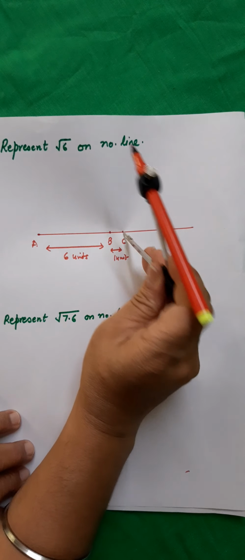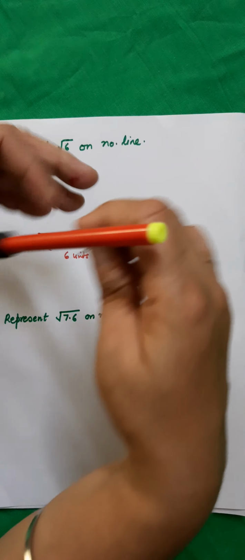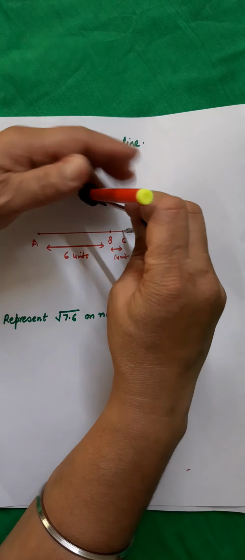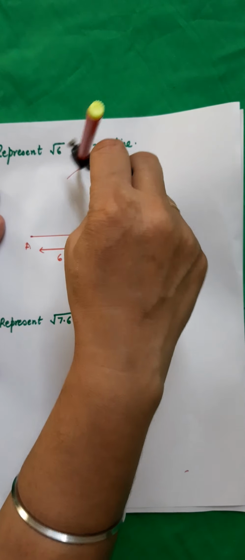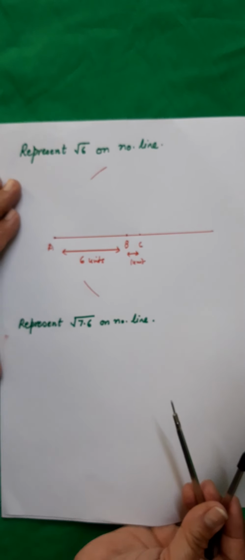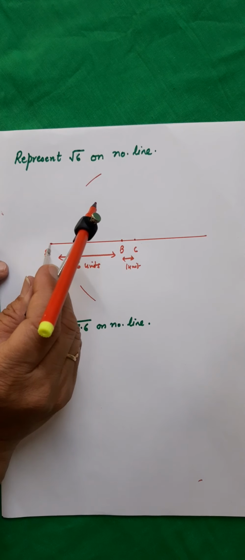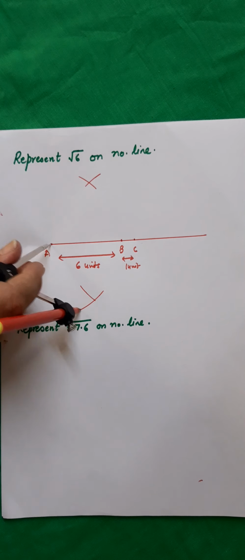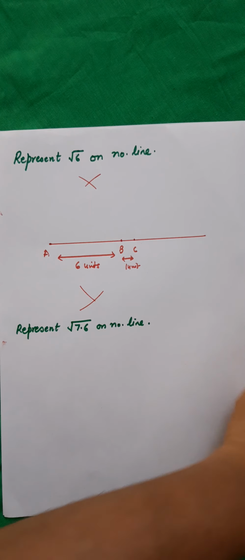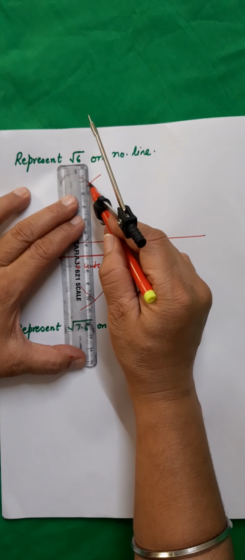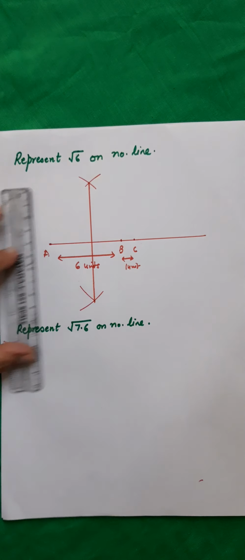What is the method? Open the compass more than half of AC, and then mark one point above and one point down, and from this side also one mark above and another mark below. Now join them. I've got the midpoint.